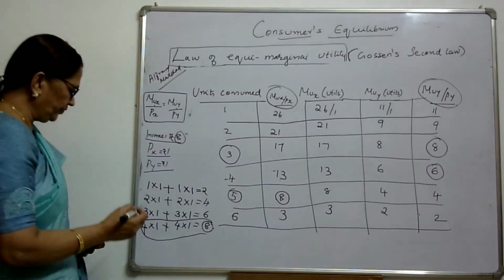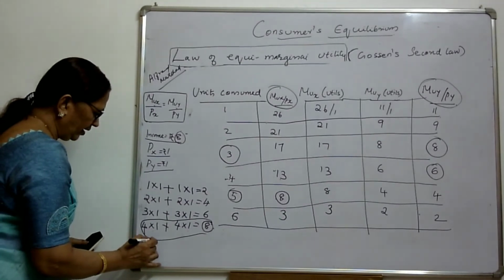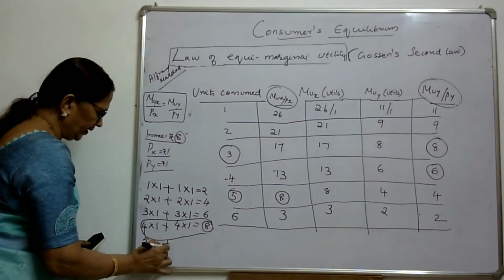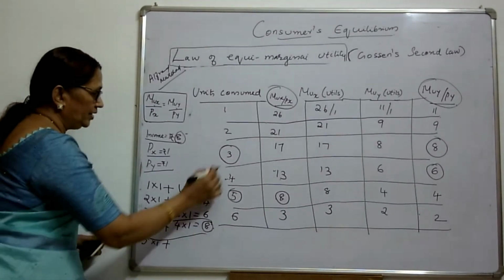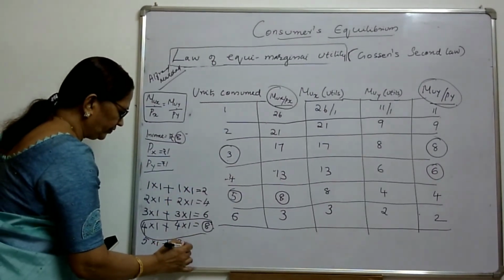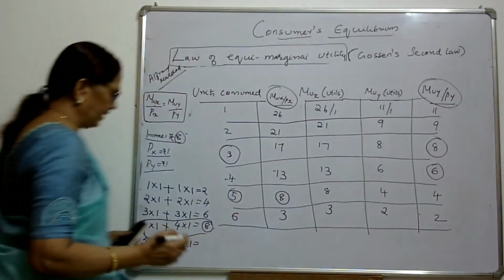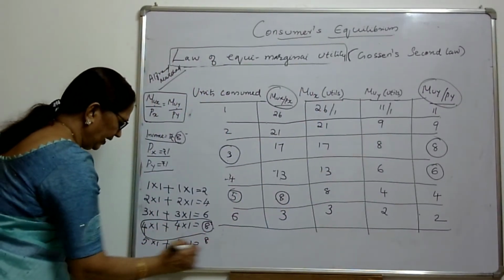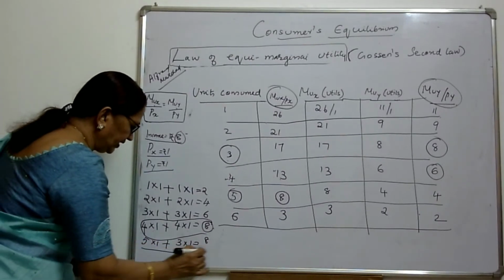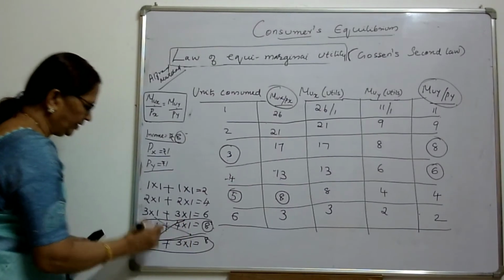Let us check. That is 5 units of good X plus how many units of good Y? 3 units of good Y is equal to 8. Therefore, this is the condition of consumer's equilibrium, not this one.